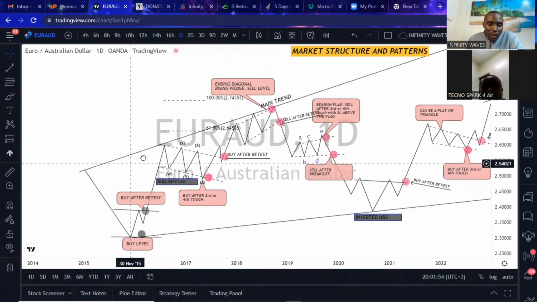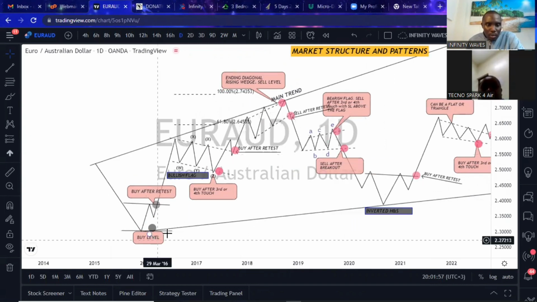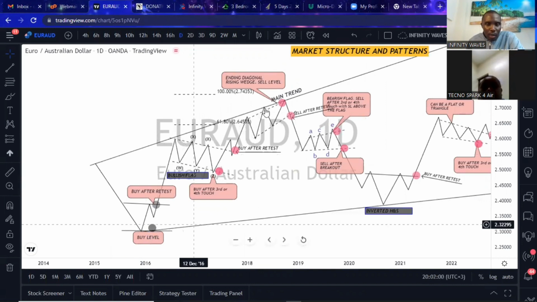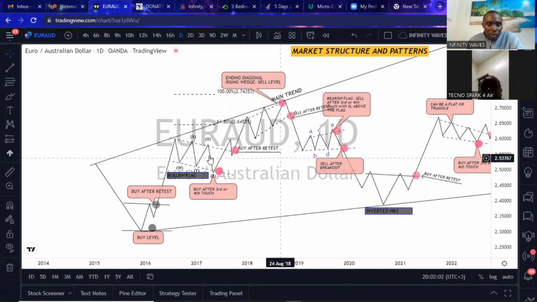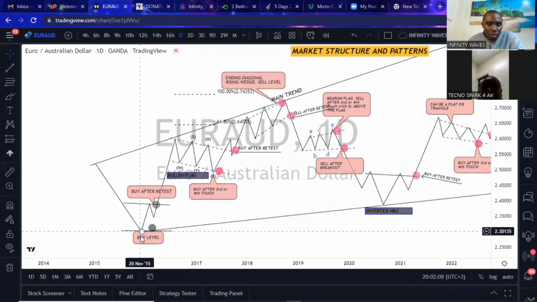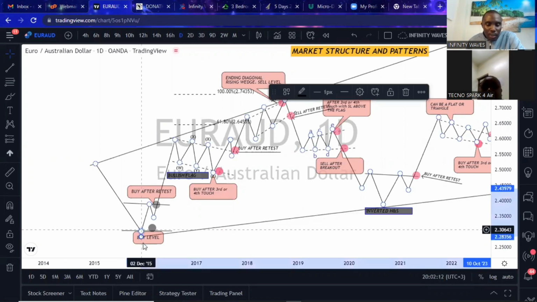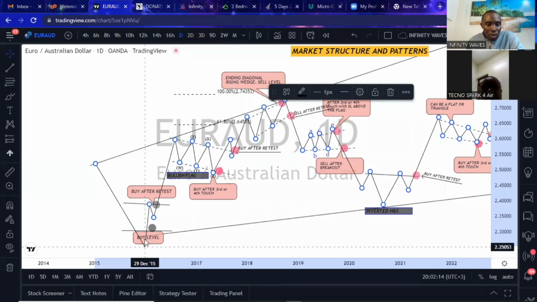Now, this move came from this upper line, came downwards to this lower line here, then went back all the way up. After this level here, this price could come down past this line and then go up. So this line can even make a fake breakout.